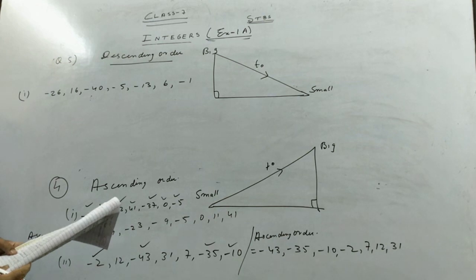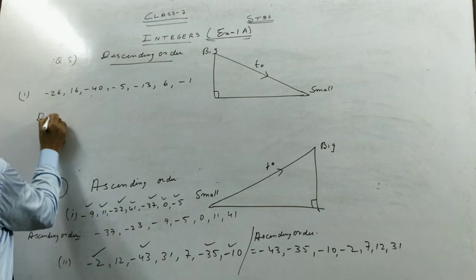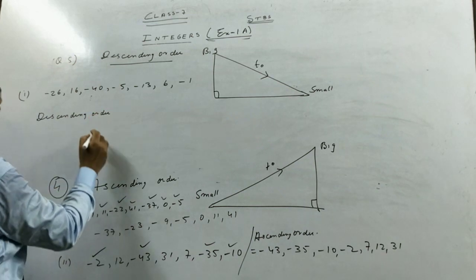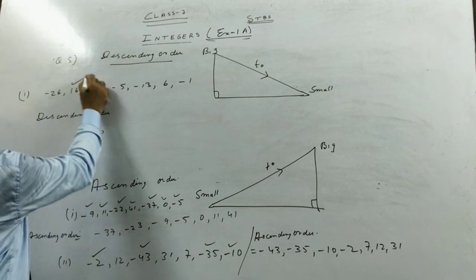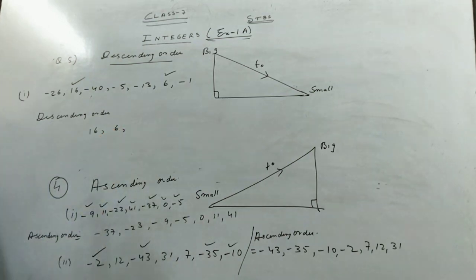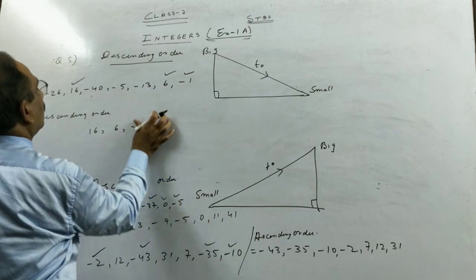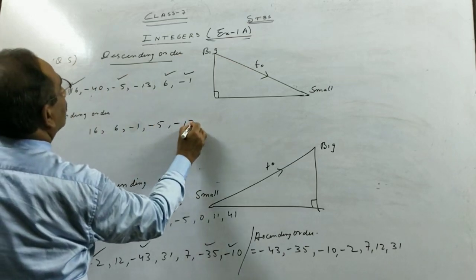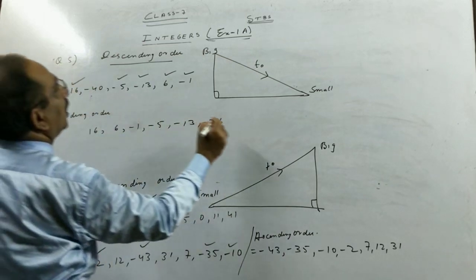For descending order, the biggest number here I see is 16, then 6, then minus 1, minus 5, minus 13, minus 26, minus 40.